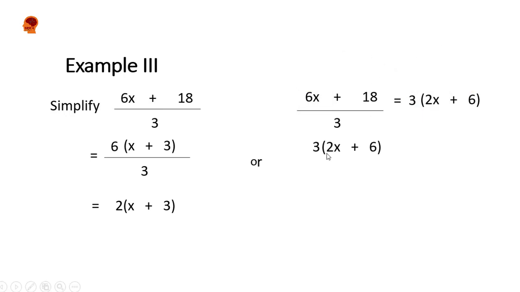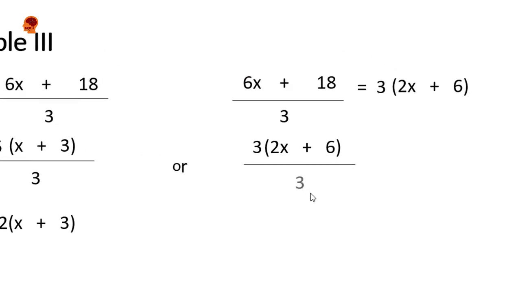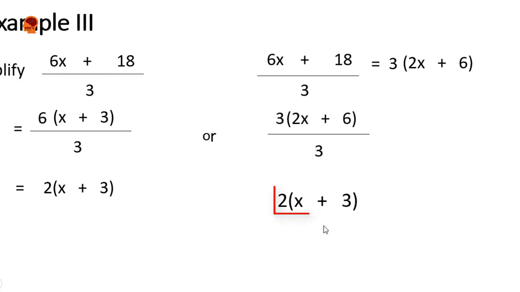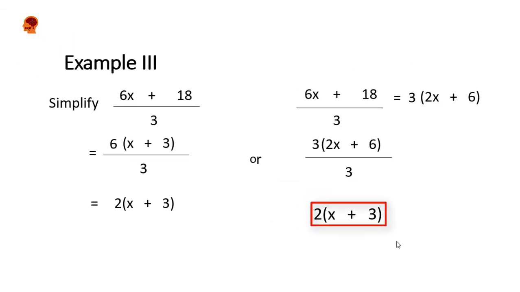You have 2x plus 6 all over 3. Now 3 cuts 3 here to give 1, and 3 here to give 1, leaving us with 2x plus 3. It is still the same thing, provided you factorize very well. And when you factorize, make sure you multiply it out again to see if it correlates.